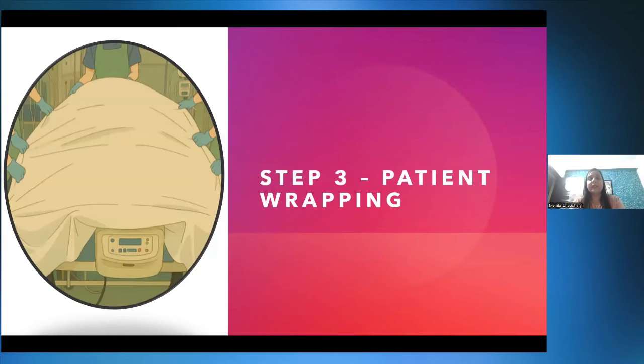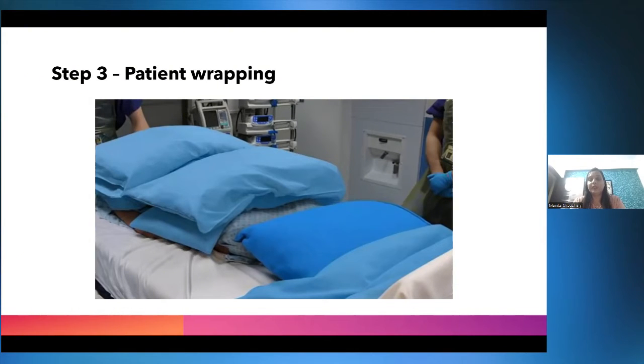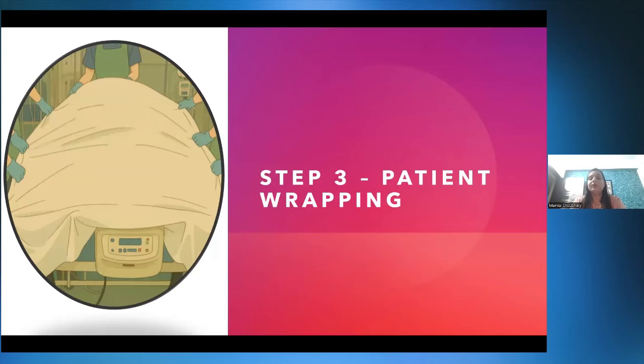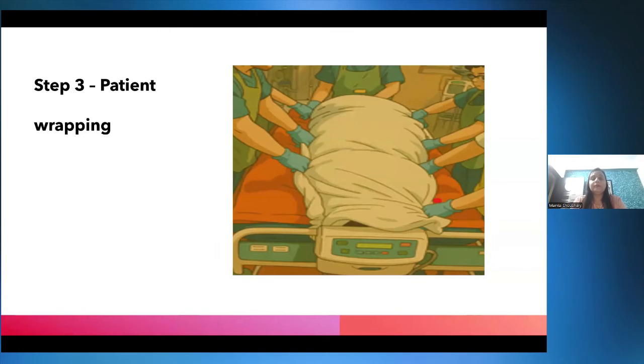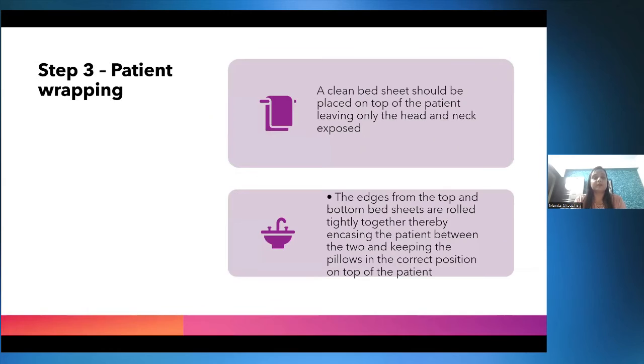The sheet that is beneath the patient needs to be untucked, and then the patient needs to be wrapped with the cover sheet. So the team needs to hold both the cover sheet and the sheet beneath the patient simultaneously so that this can help to minimize patient dislocation and pillow dislocation.